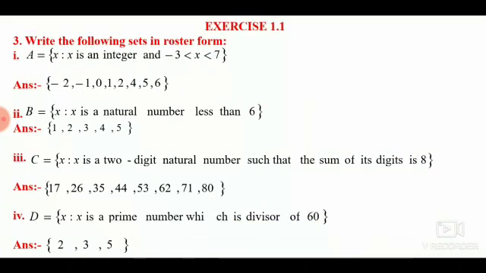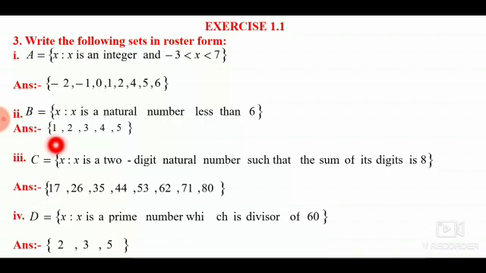Moving to the next question. B is a set containing X and this X satisfies a single common property, such that X is a natural number less than 6. Dear students, we know the numbers which are less than 6 and belong to the set of natural numbers. In the previous video, I gave the different types of sets of numbers.